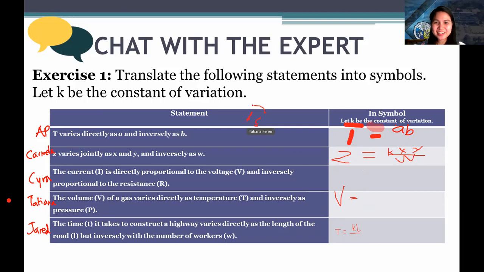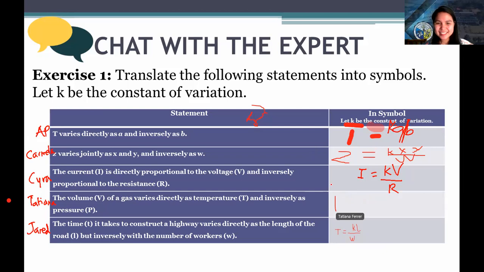Oh, Tatiana, where are you going there? For Syra, I'll write her answer. I equals KV over R. Oh, the answer is T equals KA over B. Sorry, I got confused.